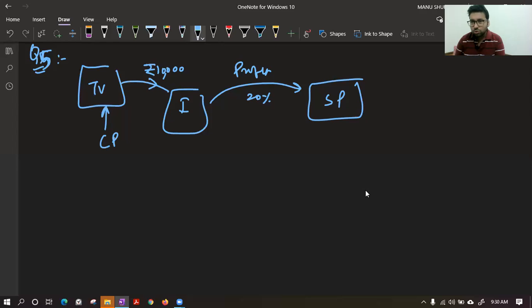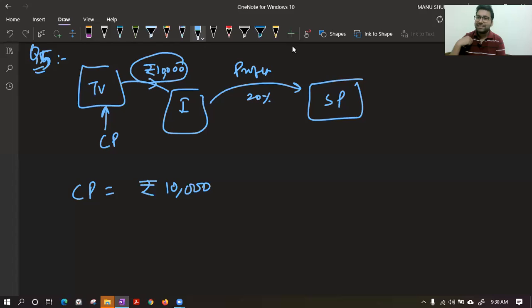Avneet, are you able to understand why 10,000 is the cost price? Whatever we buy, that price is known as cost price. So this CP is rupees 10,000, the first thing. The second thing they are saying is we are selling it to someone at a profit of 20%.